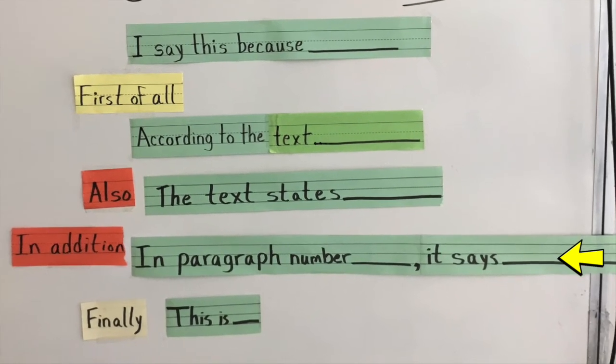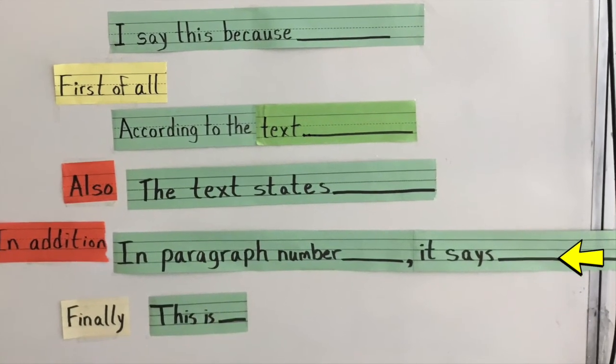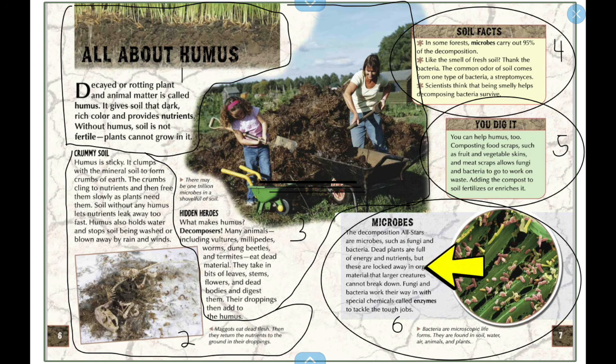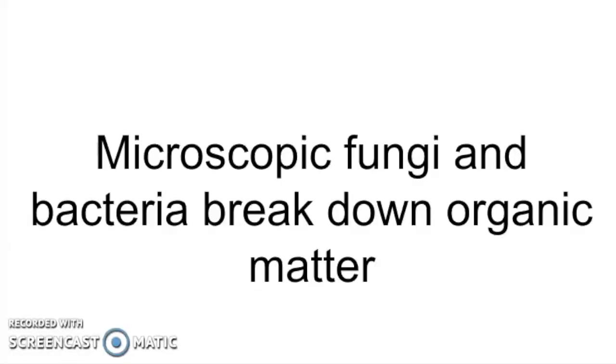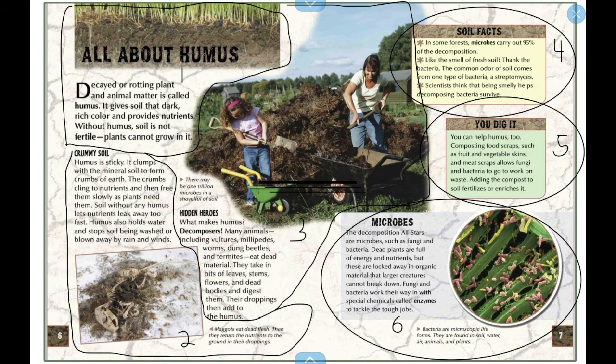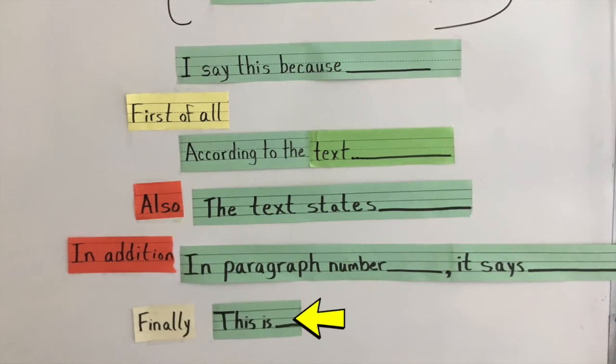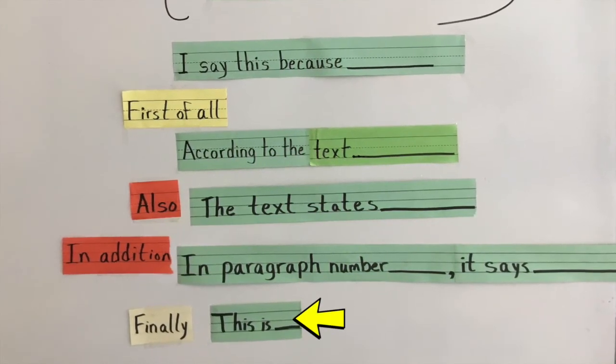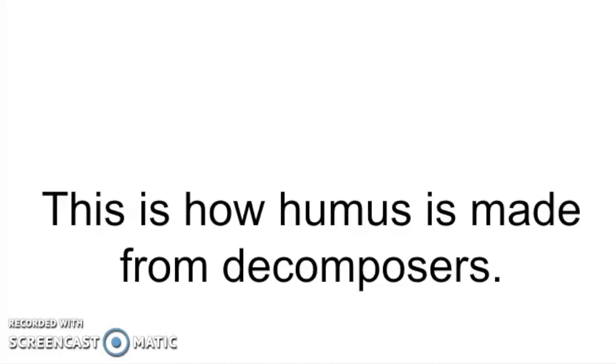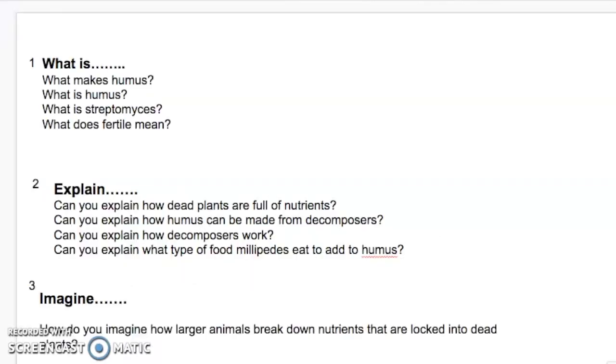In addition, in paragraph number 6, it says, microscopic fungi and bacteria break down organic matter. This is where we find more evidence to support our topic sentence. And now let's look at our closing sentence. Finally, this is how humus is made by decomposers. So this is my supported answer of the question.